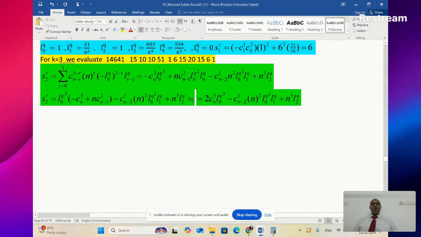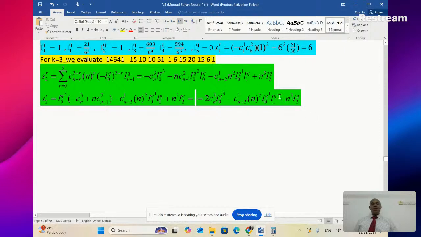I will put here L0 of the q cubed, between parentheses, the difference between combination n minus 1 choose 2 minus combination n choose 3. This one is going to be equal to combination 2 choose 1 times combination n choose 2 times L0 of the q raised to the power 3, as we told before, minus combination n minus 2 choose 1 times n squared times L0 of the q times L1 plus n cubed times L2.